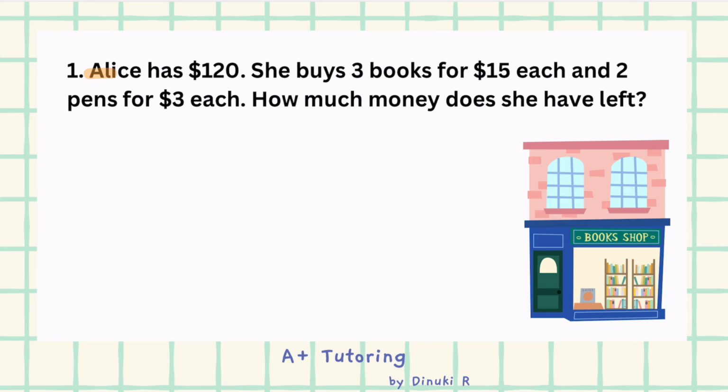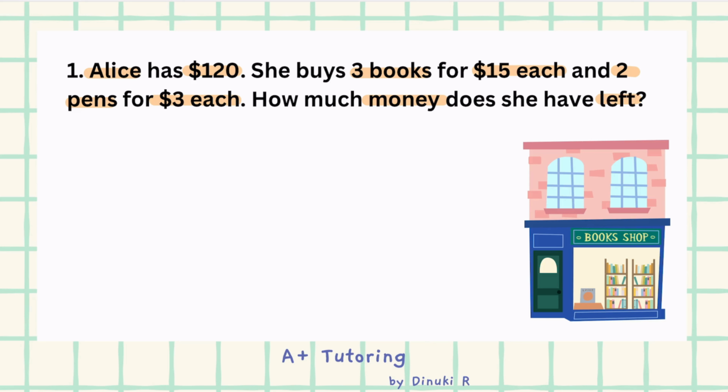So, Alice has $120. She buys 3 books for $15 each and 2 pens for $3 each. How much money does she have left?